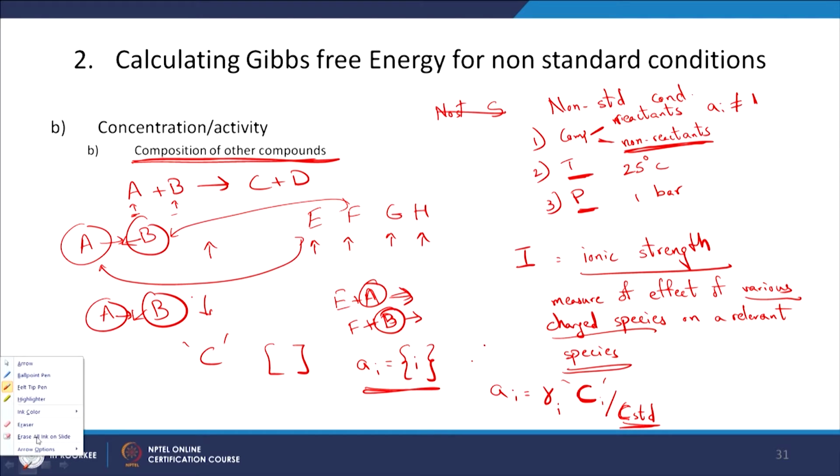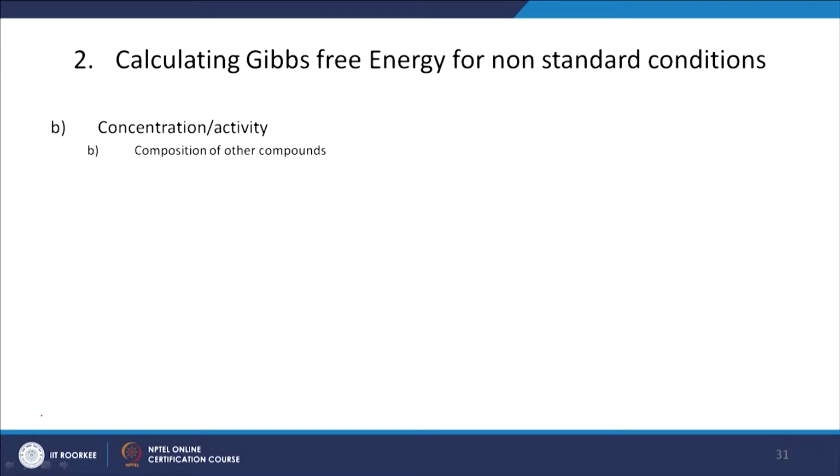So let's look at what we just discussed. We just defined activity as equal to the activity coefficient of that compound or component in that particular solution, times the concentration of that component divided by the standard concentration. In general, activity is dimensionless.